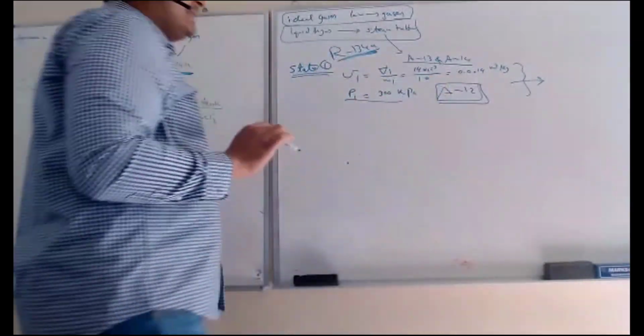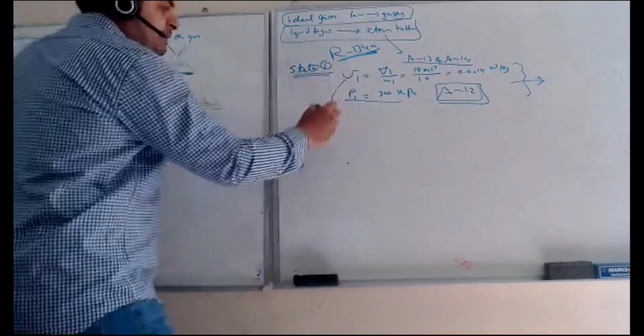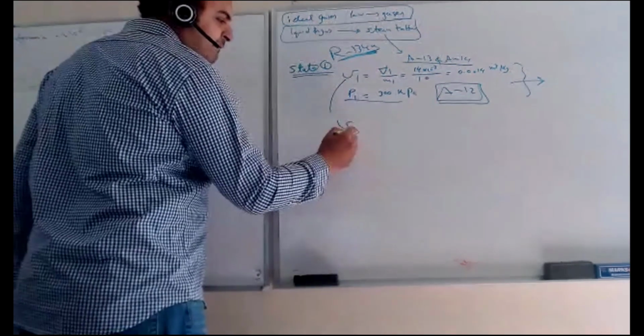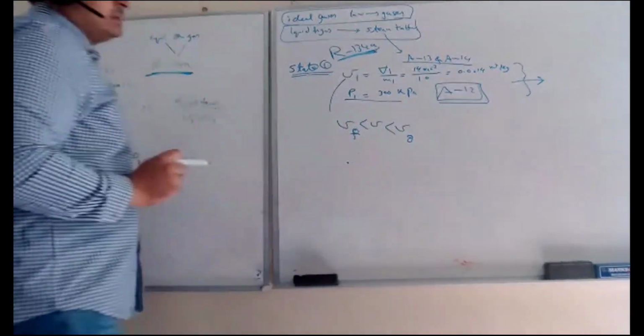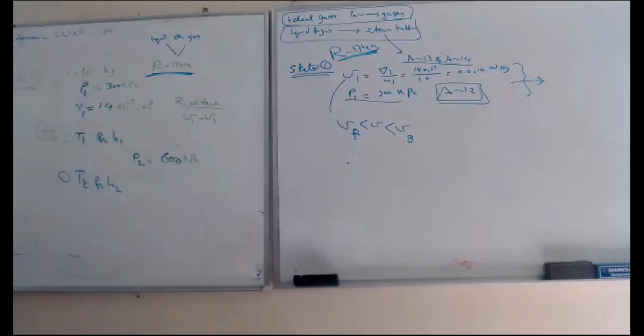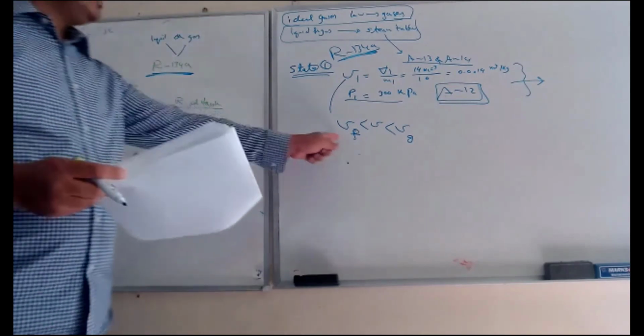You will find this state is most probably a mixture. This specific volume is between F and G. So we have a mixture between VF, 0.00076, a little bit less than water, and VG. It's 0.0014, between these.